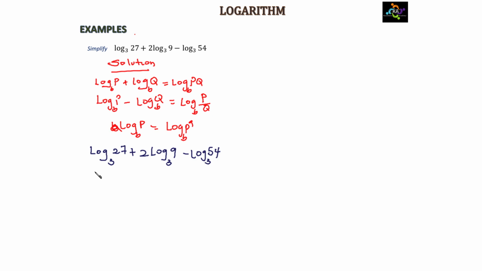Now from this, we'll have log 27 base 3 plus log 9 squared base 3 minus log 54 base 3. Now follow the pattern of the law. This will become multiplication, this will become division. This can only be achieved if they have a common base, and they have a common base of 3.